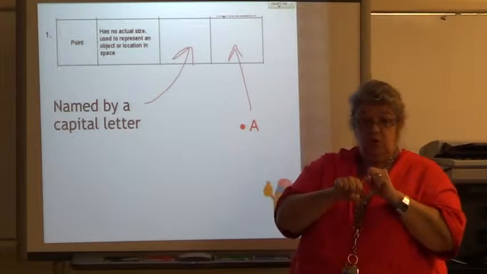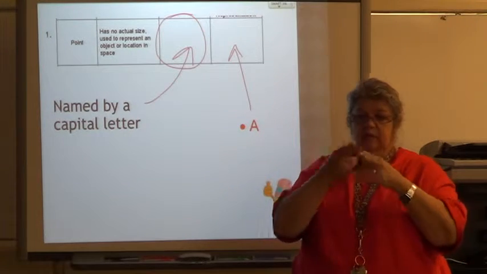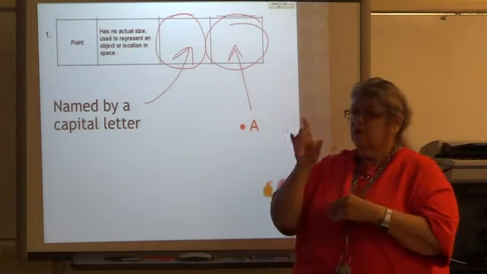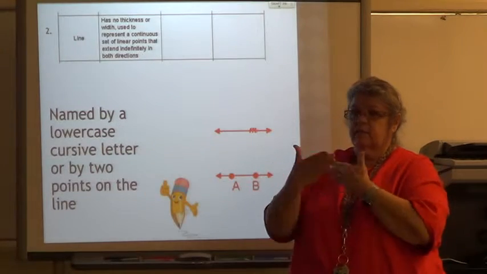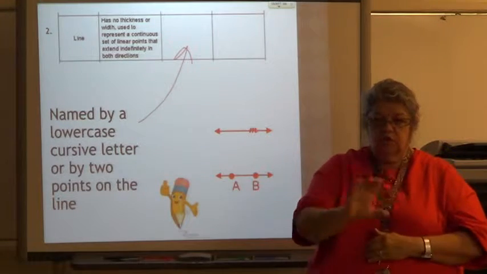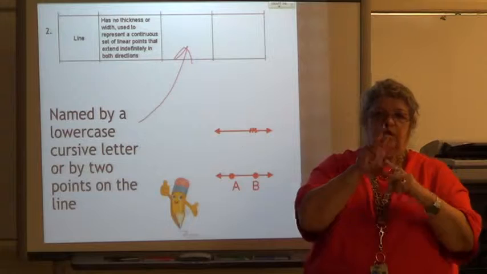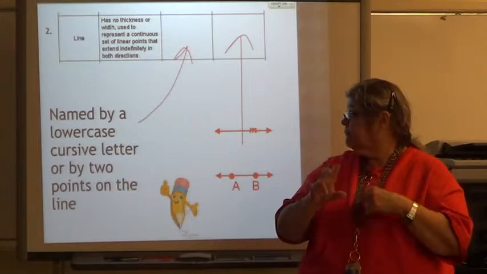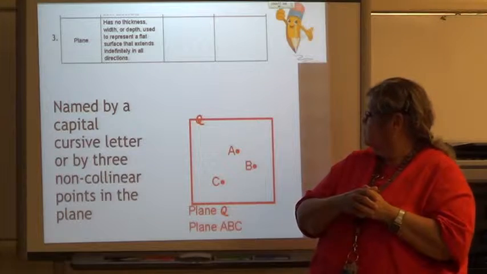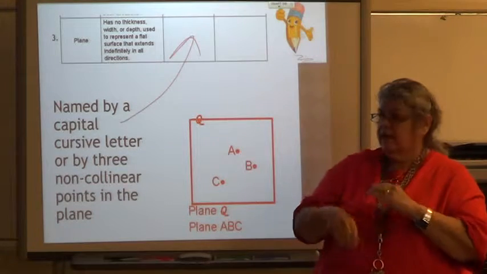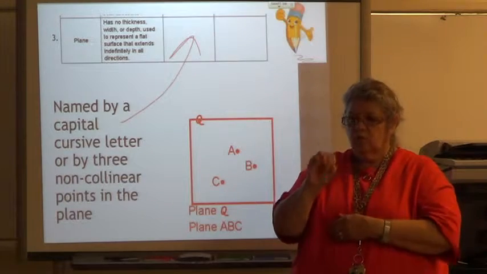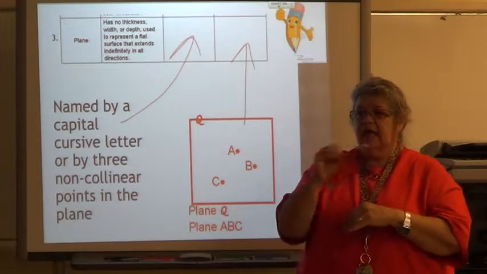So in point, named by a letter would be written here, and the dot with an A would go in that box. Named by a lowercase cursive letter, or by 2 points on the line, goes here. Your two pictures go here. Named by a capital cursive letter, or by 3 non-collinear points in the plane, goes there. This picture goes here.